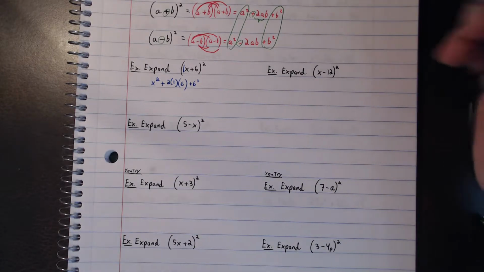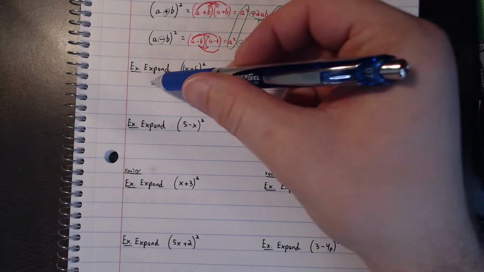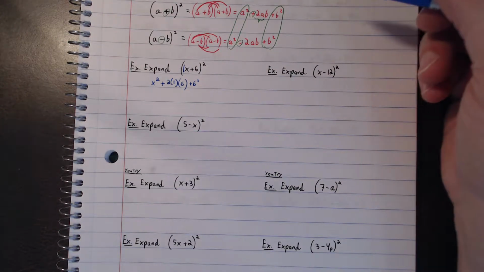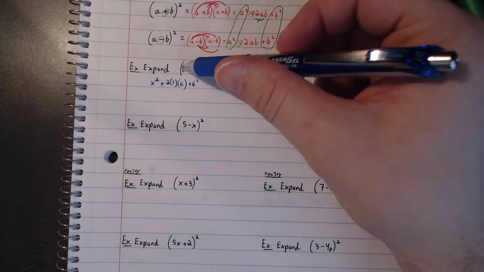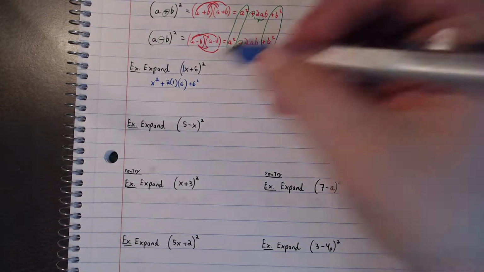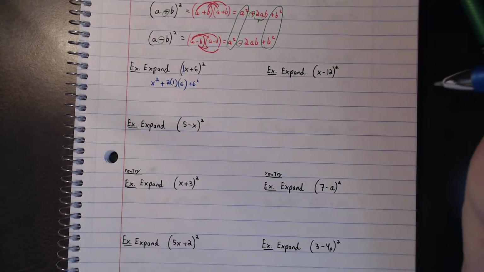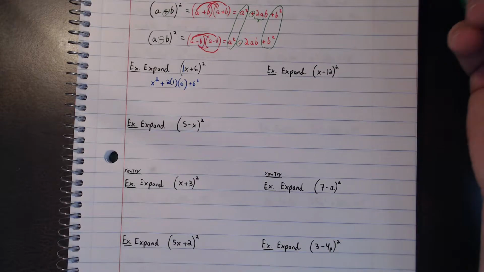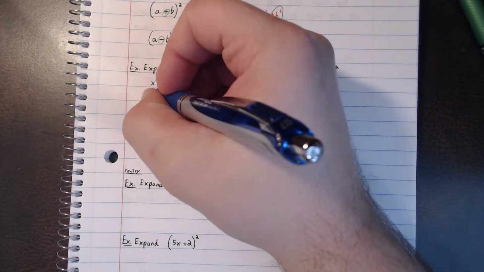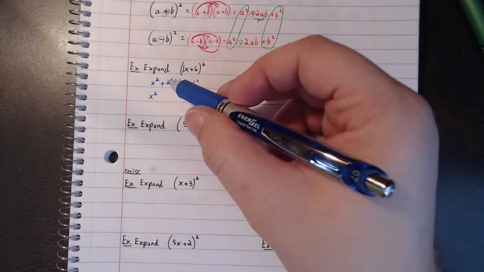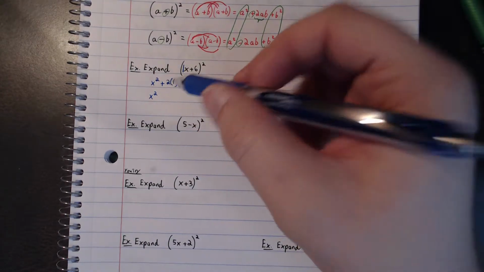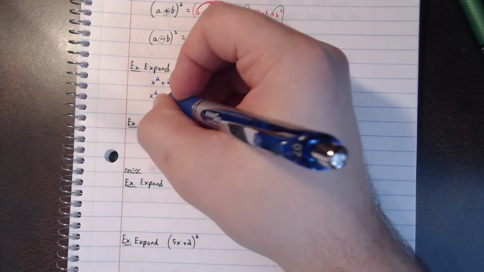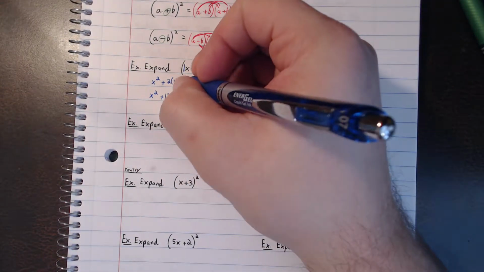Now, in the future, are we going to have to write out this full length? No, we don't have to. If we're good enough that we can do 2 times these numbers, and we know how to square this, we're okay without having to write it all out. But this is the first time that we're doing this, so it's not going to hurt us to actually write it out. We've got 2 times 1, which is 2, times 6, which is 12x, sorry.